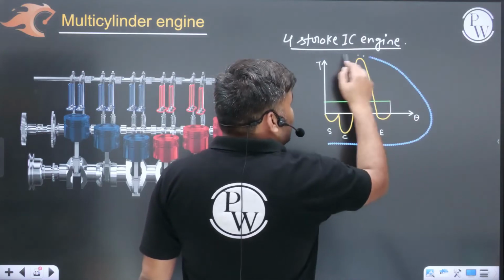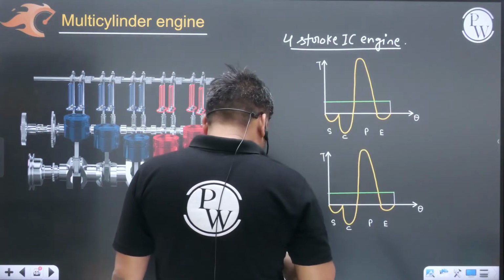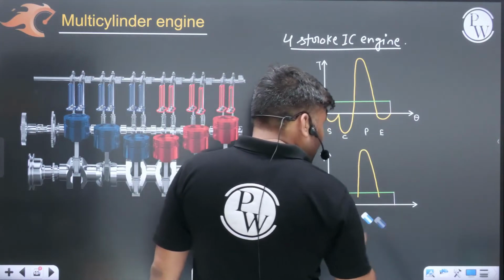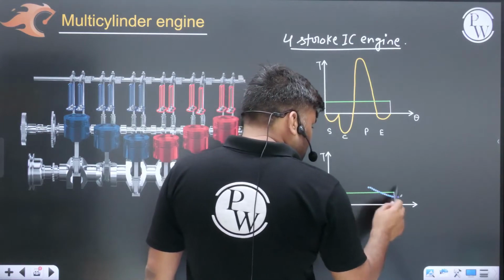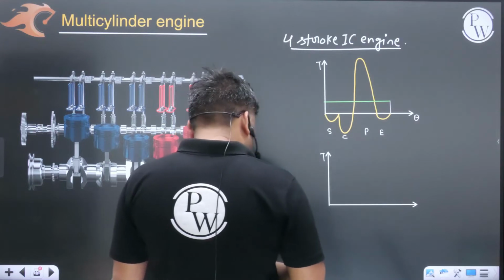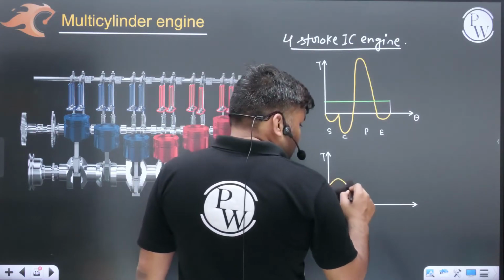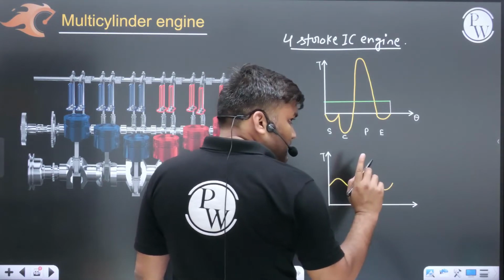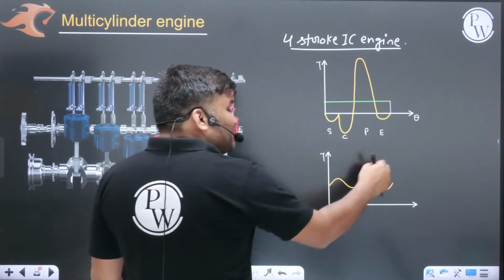If you draw the diagram for 4 cylinders, or higher, let me show you the diagram. Sir, the diagram will be something like always positive. The available torque will fluctuate like this. Getting a point? There is still fluctuation, but the fluctuation is something like this.